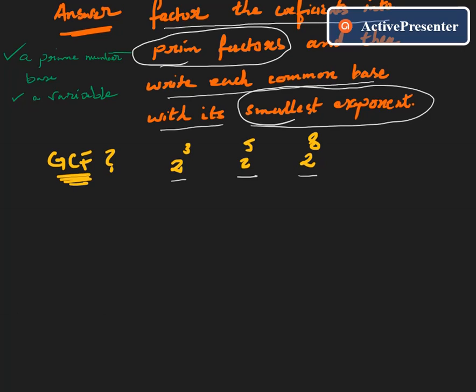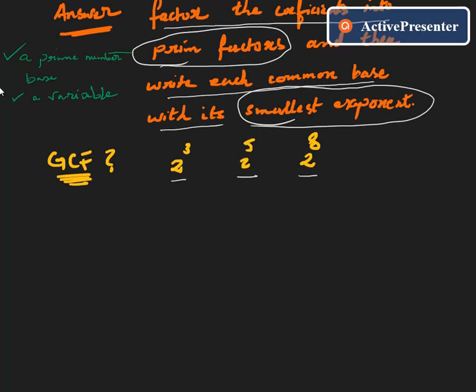Going back to the question, to find the greatest common factor, we find the prime factor and write it with the smallest exponent. So what is the prime factor here among these three?